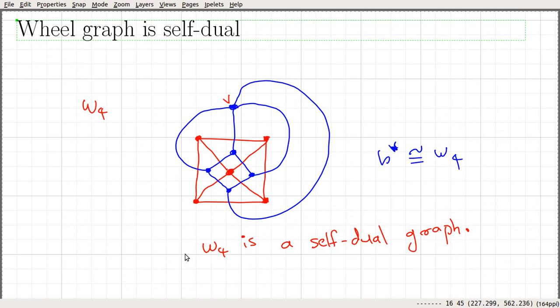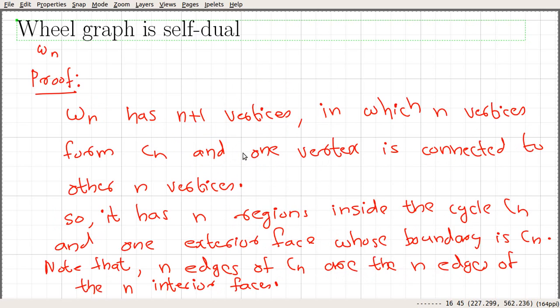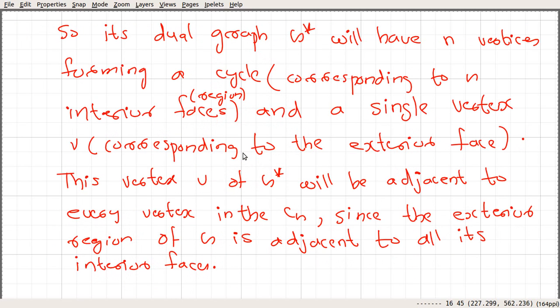That's what we saw in this example W4, right? You can see that this vertex V is connected to all the vertices corresponding to these regions. So this vertex V of G star will be adjacent to every vertex in the Cn, since the exterior region of G is adjacent to all its interior faces.